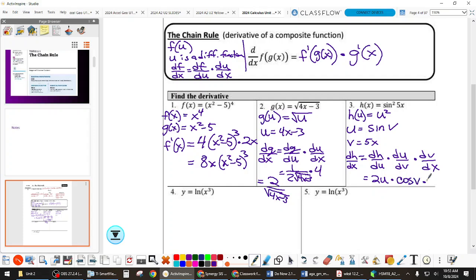Cosine of v. dv dx, what's the derivative of 5x? 5. Okay, now we got to go plug in what u and v are. So this becomes 2 times sine of 5x times cosine of 5x times 5. I don't really need those parentheses, I guess. Maybe just on 5x. Like that. Okay, and then we can clean that up a little bit. 10 sine 5x cosine 5x.